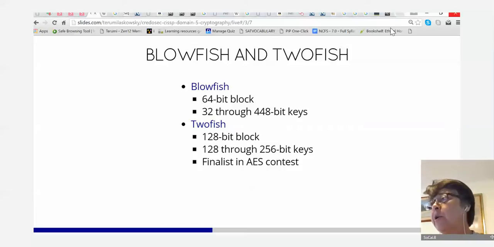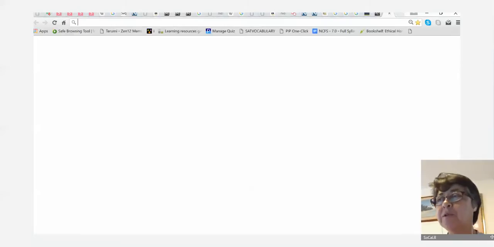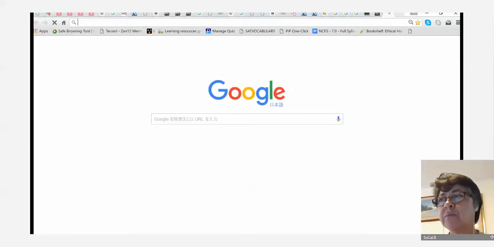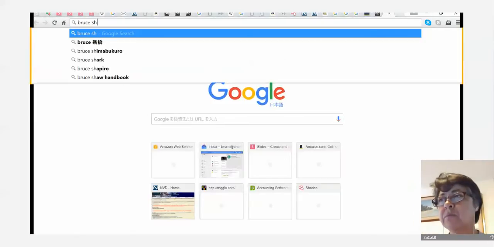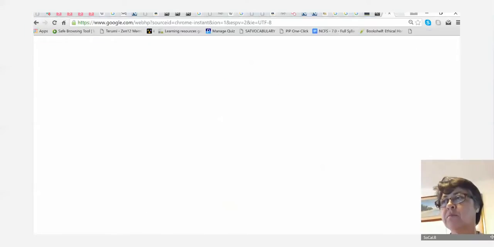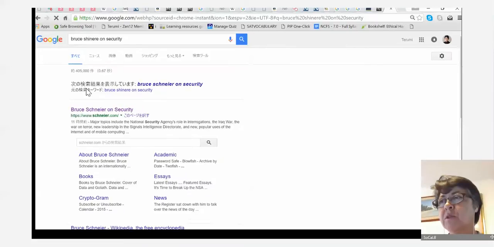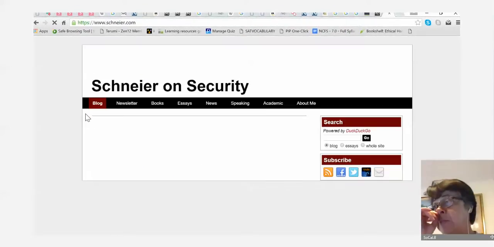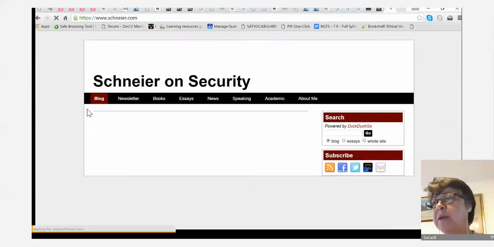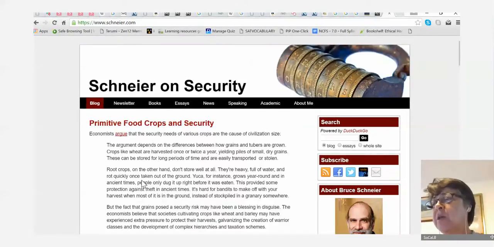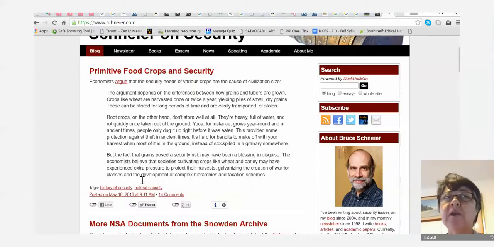And Twofish is notable because of the guy who wrote the whole thing. It's called Schneier. So Bruce Schneier. Bruce Schneier on security. So it's this guy. He's pretty well known in the industry. He's especially very strong in encryption, and he came up with Blowfish.